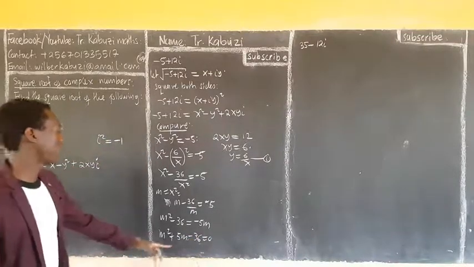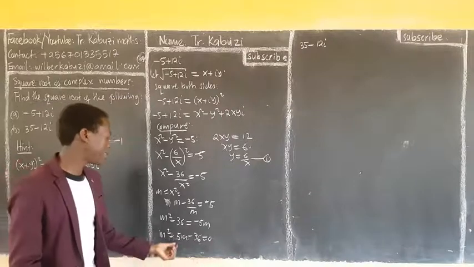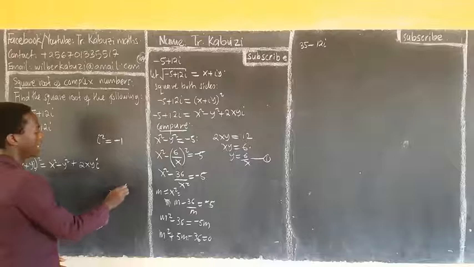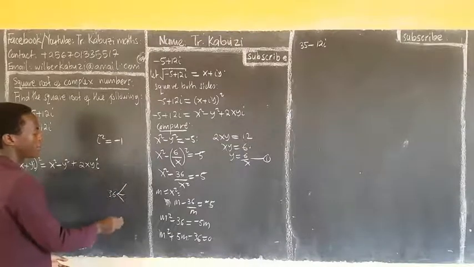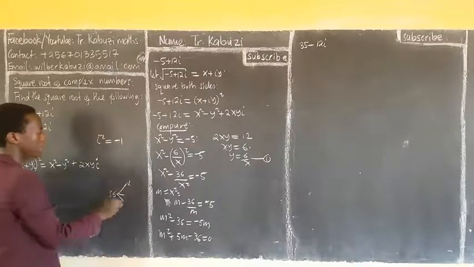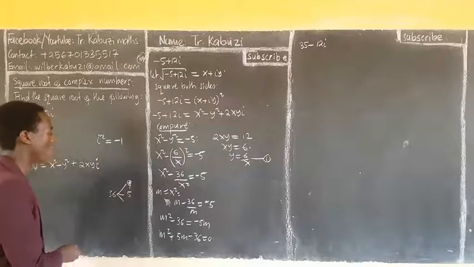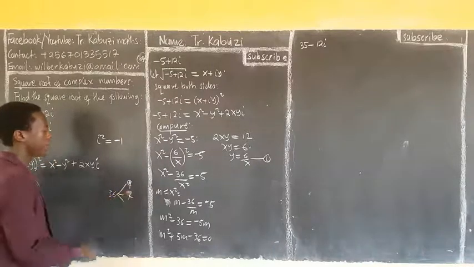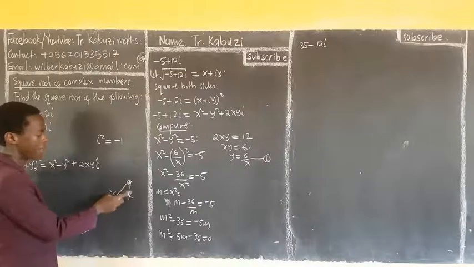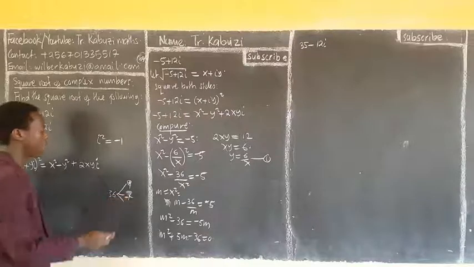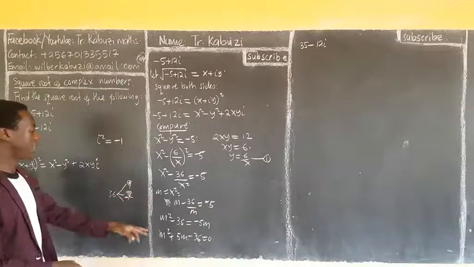So how can you factorize? You just get two numbers that when you multiply, you get negative 36. When you add, you get positive 5. Those numbers are going to be 9 and 4. When I add 9 and 4, but of course one has to be negative. So this is negative 4. When I add 9 and this, I get positive 5.